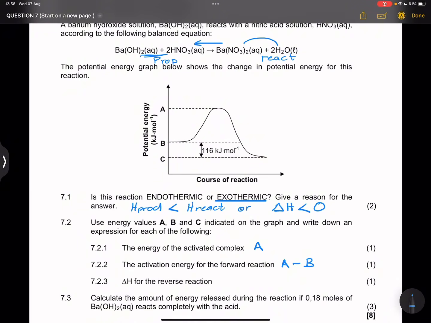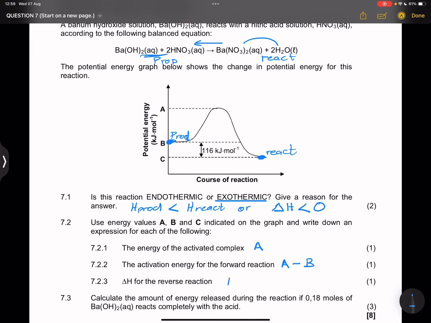Now, these are our reactants over here, and these are our products over there. And remember, what do we do when we calculate delta H? We always say energy of the products minus the energy of the reactants. So in this case, we're going to have B minus C. So that will be B minus C.